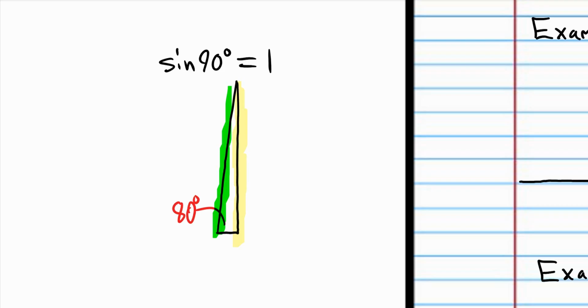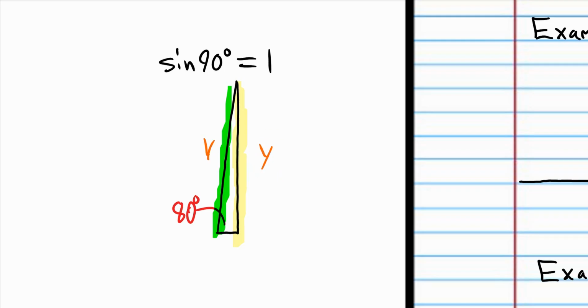It gets closer and closer to 1, because if you divide this side by this side, whatever you want to call it, usually this side is called y, this side is called r. If you divide y and r, and they're almost equal lengths, then the ratio is going to be very close to 1. So as the angle gets closer and closer to 90 degrees, the ratio of this side and this side comes closer and closer to 1.